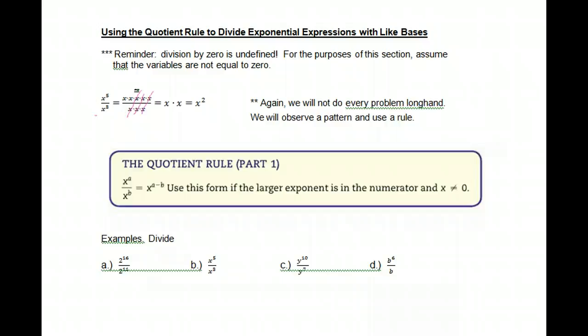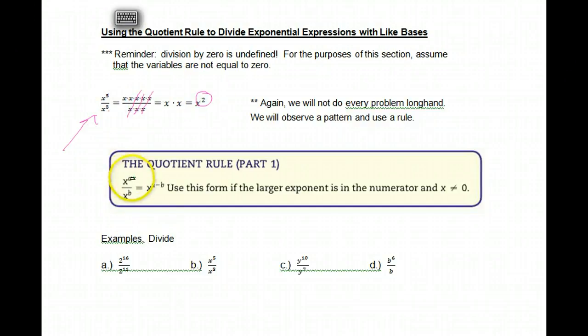What we would want to do is observe a pattern and use a rule to help us with these types of problems. And the rule for dividing is that the exponents from the numerator and denominator can be subtracted. If you look at the problem that we just did here, 5 minus 3 makes 2.